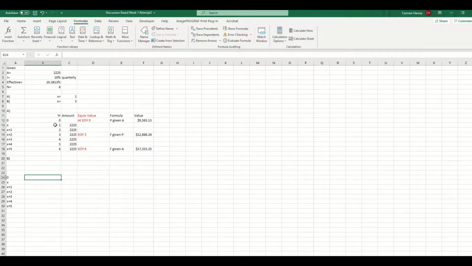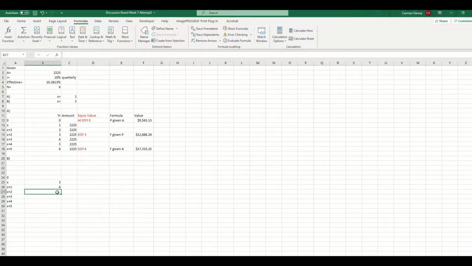So for this one, X is going to equal 3, which is this number up here. And as you see, it's just going to continue on.